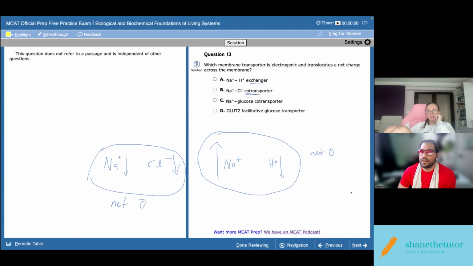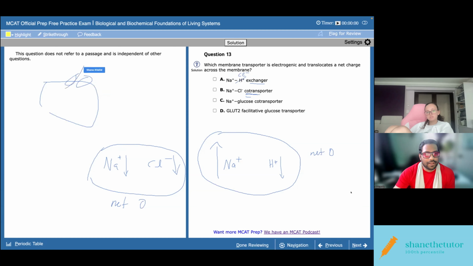Would it still fall under the umbrella of a transporter? I guess it would be. So because it says exchanger, could I have immediately crossed it out? Oh no. Okay. Because what if it was an exchanger with NaCl? Or what about the one in neurons, the potassium sodium one?